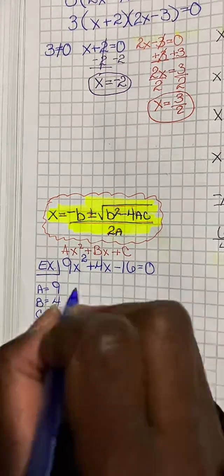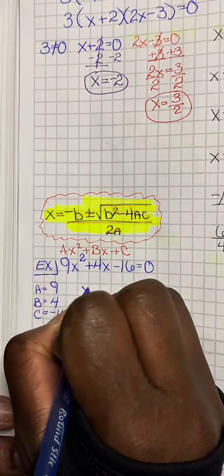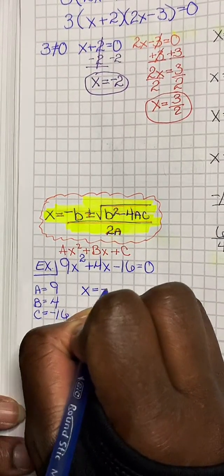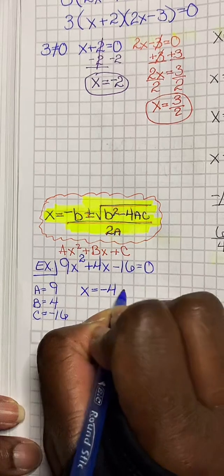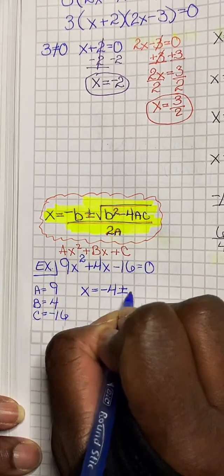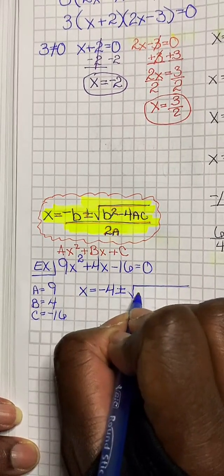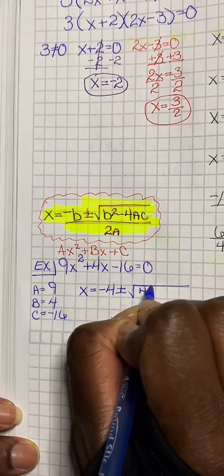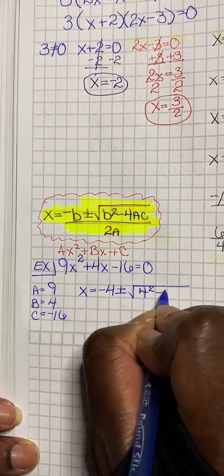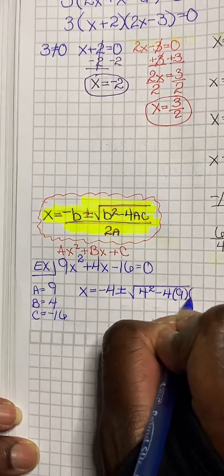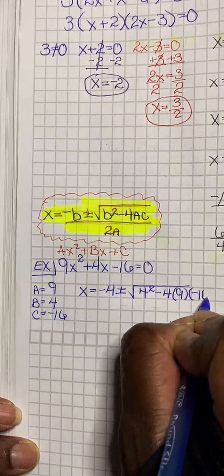All right, so if we have our formula, we have x equals negative b plus or minus the square root of our b, which is 4 squared, minus 4 times our a, which is 9, and our c, which is negative 16.